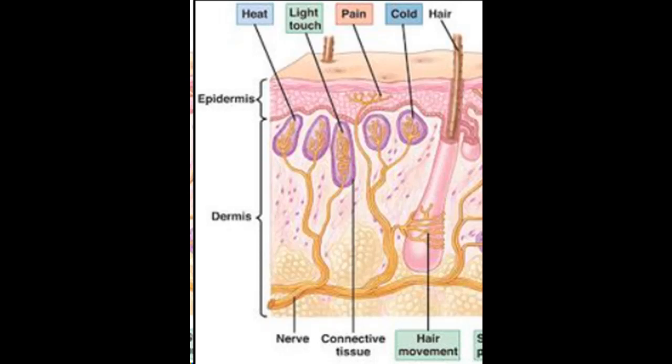The skin detects the change in temperature and sends a message in the form of an impulse through a nerve fiber. An impulse is nothing but a change in the electrical activity of the nerves, and this impulse travels through the nerve fiber. So you can simply say an impulse is a message traveling through the nerve fiber.